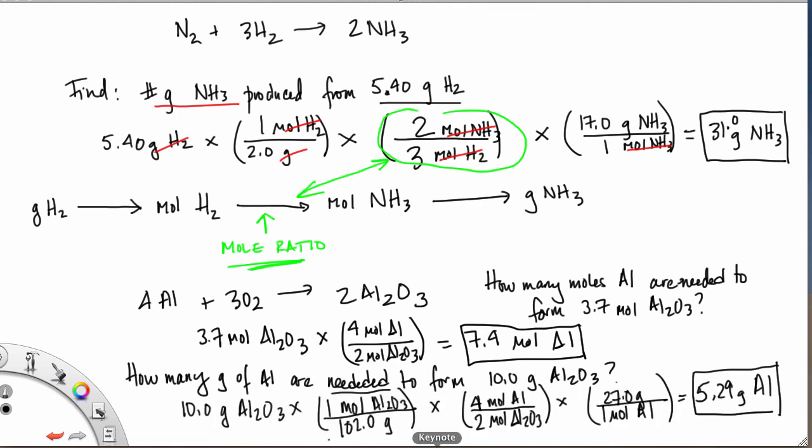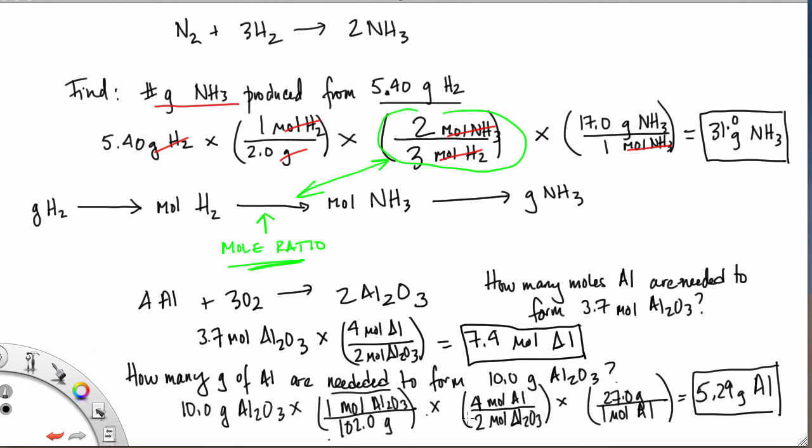Okay, we're back. So this is how you should have set up the problem. You have 10.0 grams of aluminum oxide. You then need to convert to moles. So 1 mole of aluminum oxide over the molar mass of aluminum oxide, which is 102.0 grams, times. Then we're going from moles of aluminum oxide to moles of aluminum. This is where our mole ratio comes in.